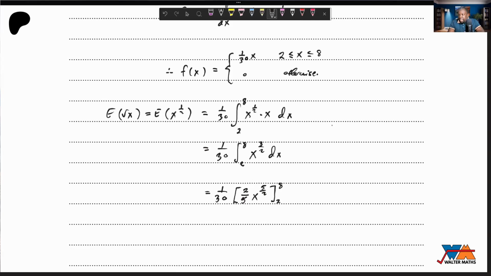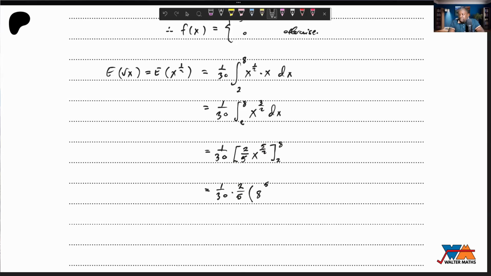This is going to be 1 over 30 of 2/5 of, substituting 8, 8 to the power of 5 over 2 minus 2 to the power of 5 over 2. So this is basically 1 over 75 of 8 to the 5 over 2 minus 2 to the 5 over 2. I'll use my calculator for this.